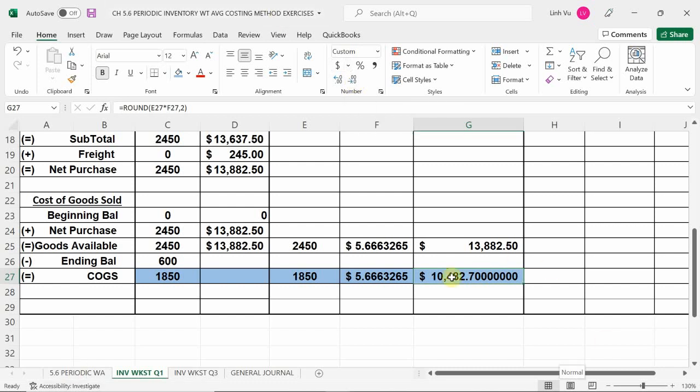Now, what happens if I did not use that equal ROUND? Well, if I just go ahead and do my calculation straight away, it will tell me it is going to be $10,482.70, because I formatted that cell to show me this. But if I go ahead and actually display all of my numbers, if I expose the decimal places, it's telling me it's actually 70.40816.